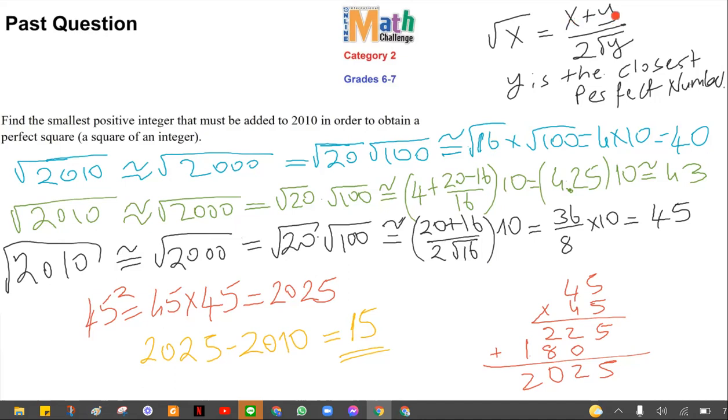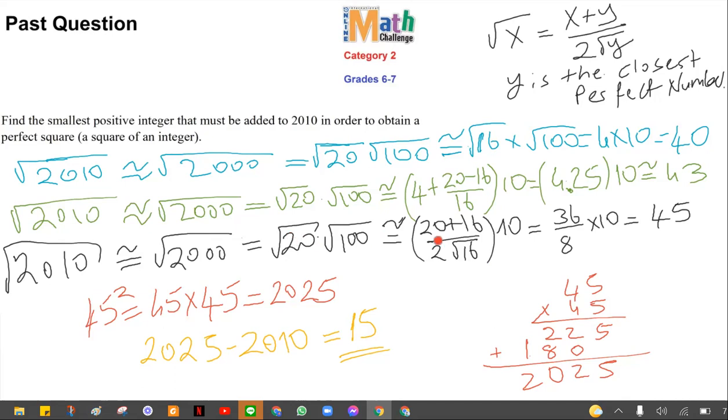So x plus y divided by 2 times root y gives a very close approximation to this number. So here, if we get a very close value of root 20, we can approximately get that perfect number. Here this is 10 again, but for this one, I use the formula above.